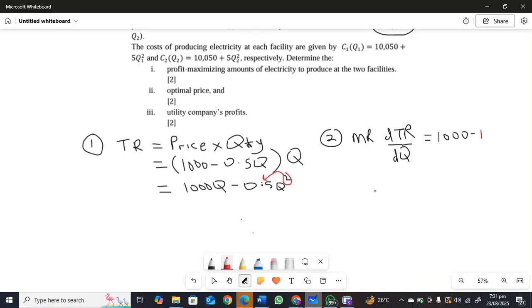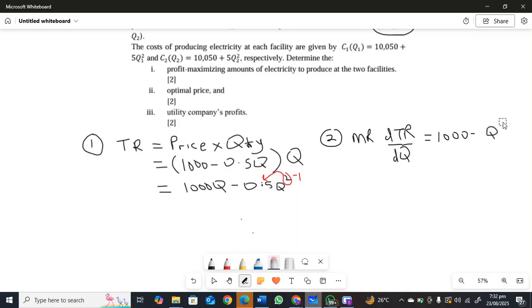So we have 1 Q. And remember, you always subtract the power: 2 minus 1, that is 1. So basically our marginal revenue function is 1000 minus Q.